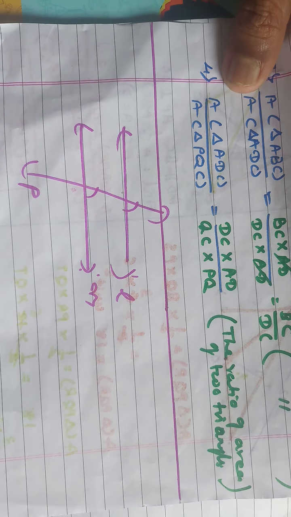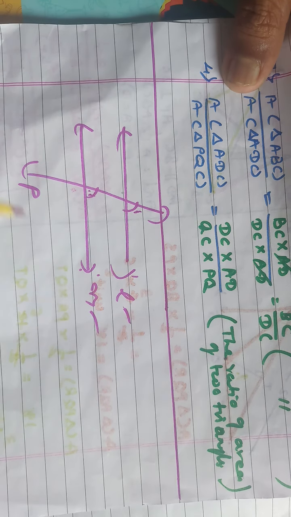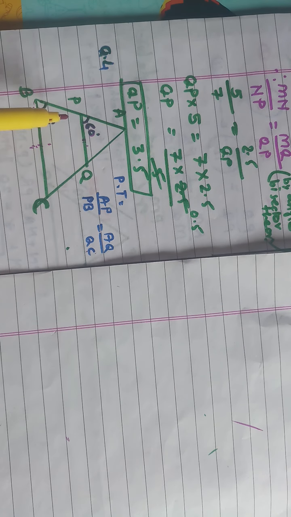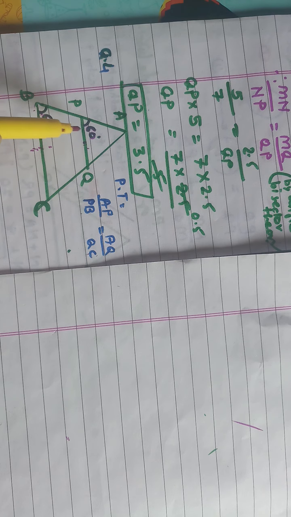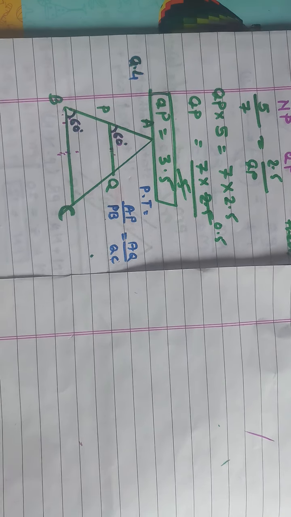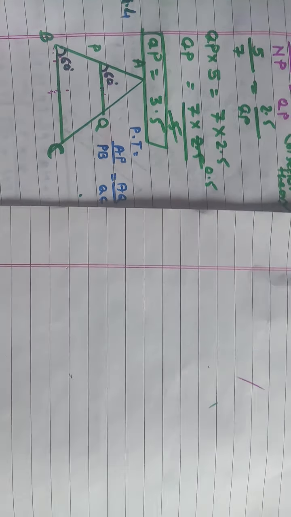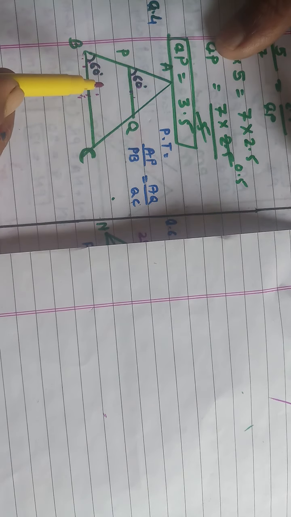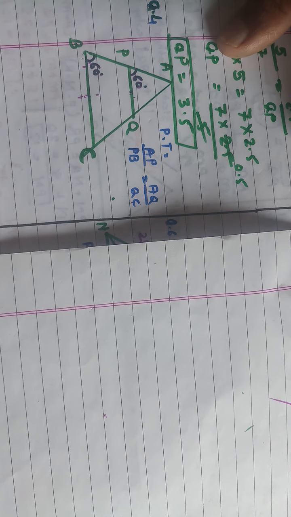If a pair of corresponding angles are equal, then these two lines are parallel. So here angle APQ and PBC are both 60. That means they are equal and they form a pair of corresponding angles. So if corresponding angles are equal, then those two lines are parallel. If these two lines are parallel, then by BPT these two ratios are also equal.